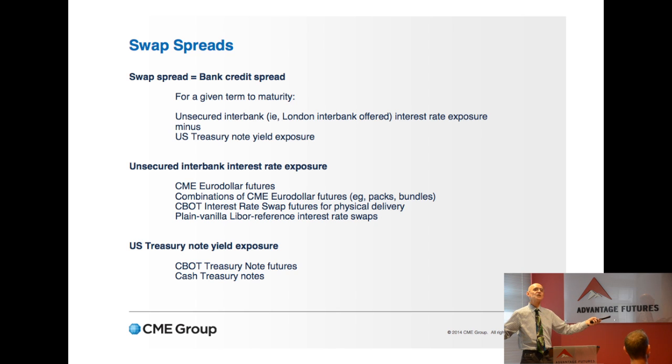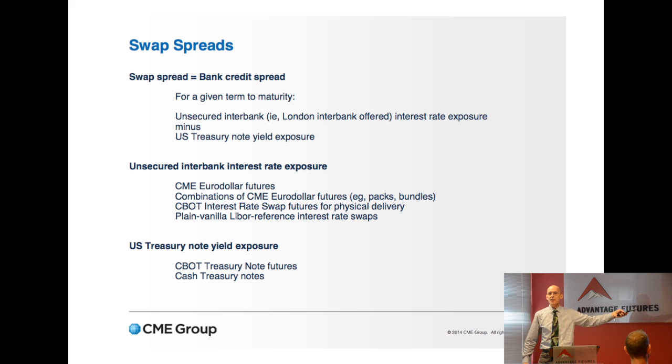If you're a swap dealer or a swap trader, you might use over-the-counter swaps. These days, a plain vanilla LIBOR reference swap has to be traded on a swap execution facility. I think some of them are more comfortable with this than others, but that's the regulatory reality.